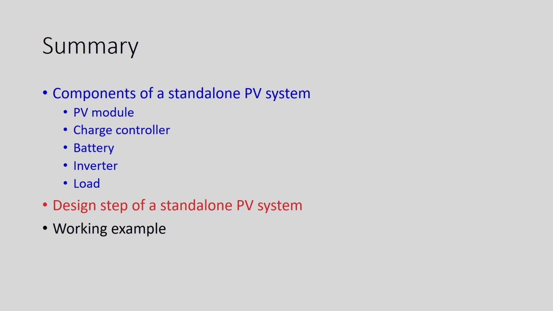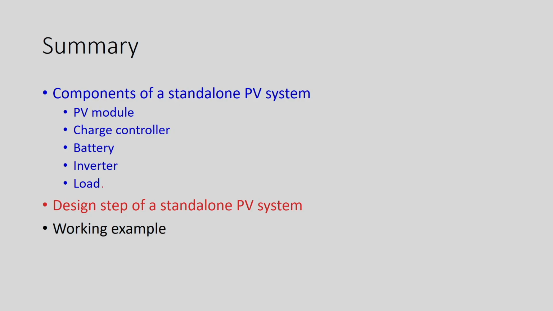Now let us summarize what we have discussed today about the different components of a standalone system: PV modules, charge controller, battery, inverter and load. We have not said more about inverters, because we will cover them when we discuss the grid connected PV system, where we will discuss the different kinds of inverters and which inverter to select for which application. We also studied the loads.